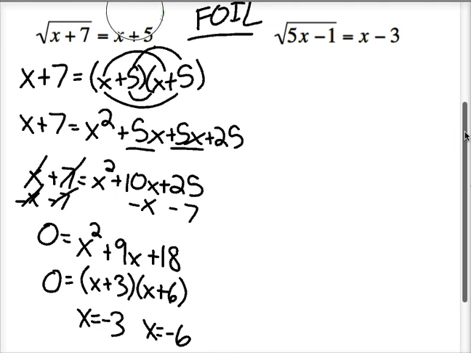However, I want you to think about when I use that -6. -6 plus 5 is -1, and that is a no-go. You cannot have a radical expression equaling a negative number. So because that would be creating a radical that equals a negative number, it means you can't do it. Okay, you can't use that solution. So in this case, the only solution that you're allowed to use is -3.